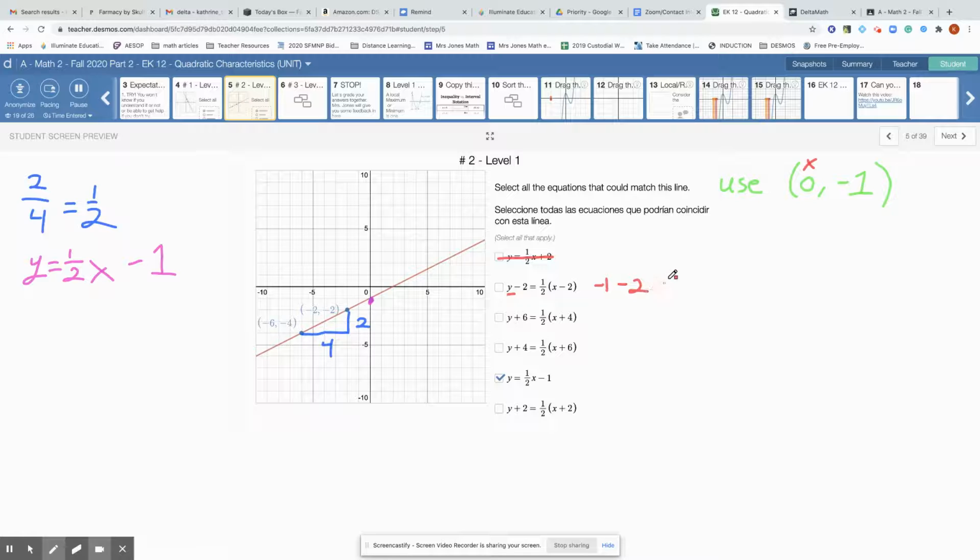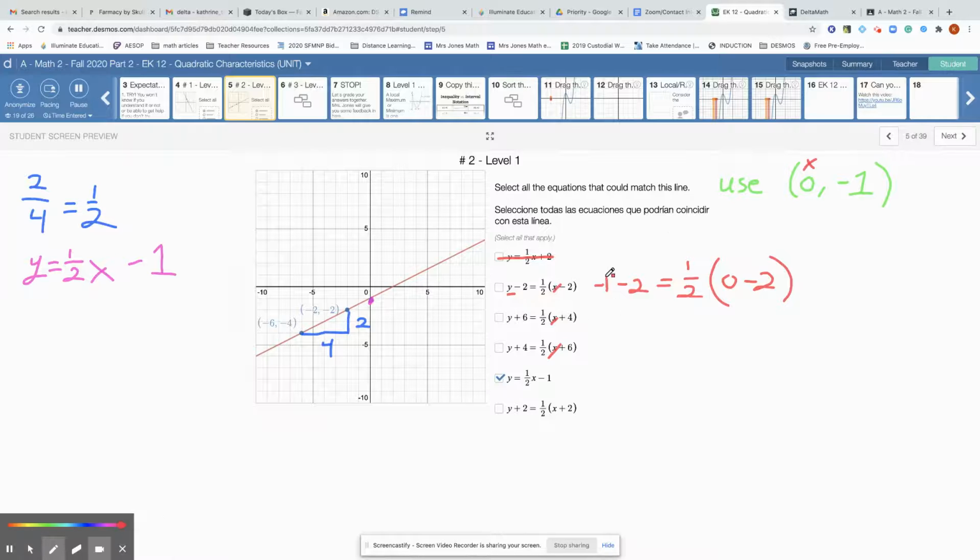Then it equals 1/2 times x. Remember, x is 0, so 0 minus 2. Well, 0 minus 2 is just -2. So like all of these x's, when you plug in the 0, will just go away. And you only have to focus on if it equals the left side.